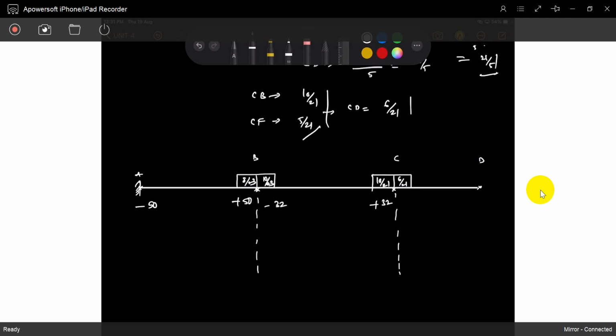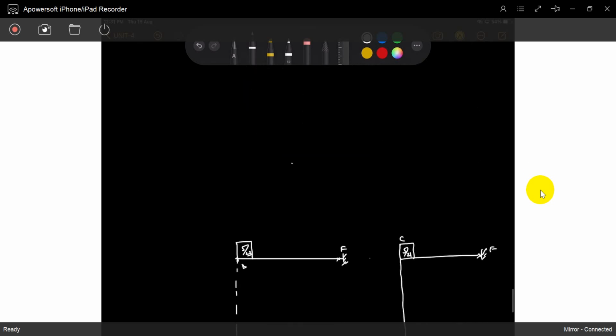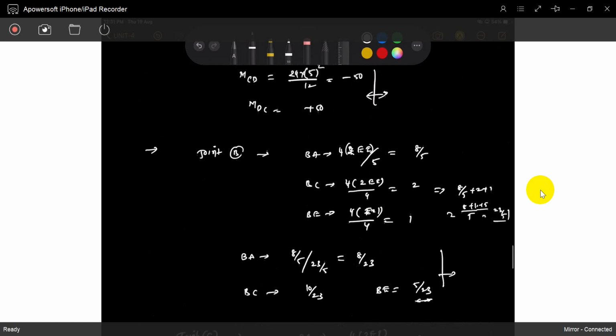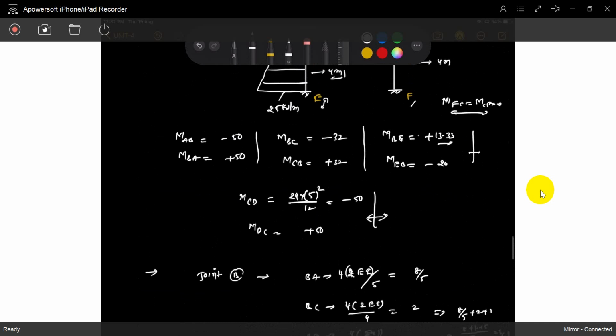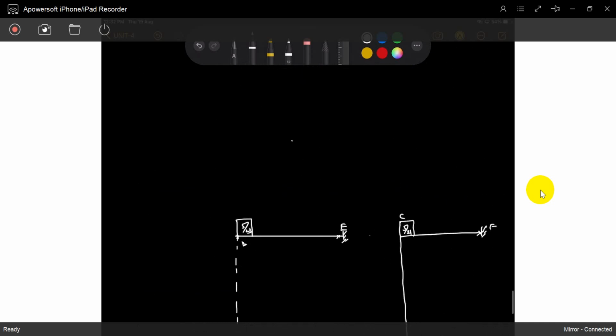CD is minus 50, DC is plus 50, this is a hinge joint, so remember it's a hinge joint. And BE fixed end moments: BE is plus 13.33.